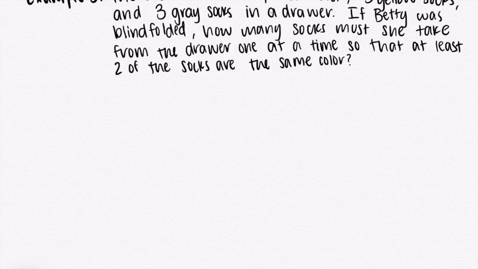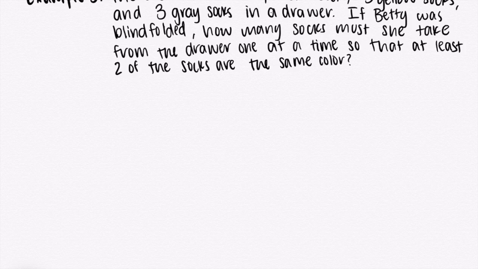the worst case scenario. And so the worst case scenario is that all of Betty's first 4 draws are of different colors, which means that she draws 1 red sock, 1 blue sock, 1 yellow sock, and 1 gray sock in any order before she draws 2 of the same color.